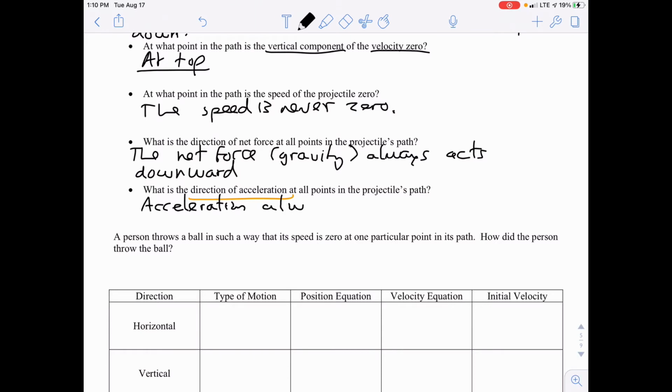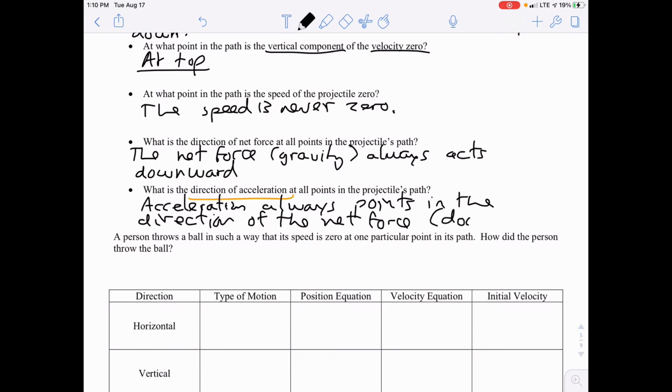Acceleration always points in the direction of the net force. In this case, the net force is due to gravity, so the acceleration is also always downward, and it's due to gravity. It's little g. Little g is the acceleration acting on a projectile.